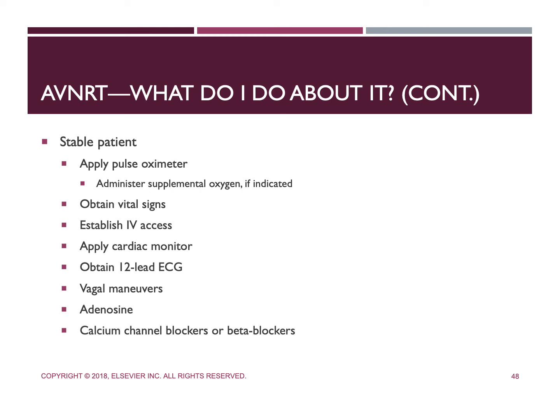The administration of calcium channel blockers or beta blockers may also be given if the AVNRT fails to convert to sinus rhythm or if it starts to reoccur. It's also been estimated that about 80% to 98% of stable patients with SVT respond to medication therapy with adenosine as well as some other ones as well.